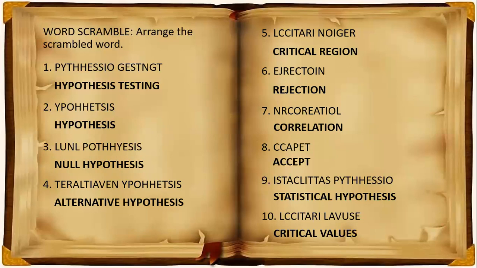Now, class, my question for this activity: are these words related to our main topic, to our discussion for today? Let's see if these words are related to today's discussion. But before that, let me present to you our learning objectives.